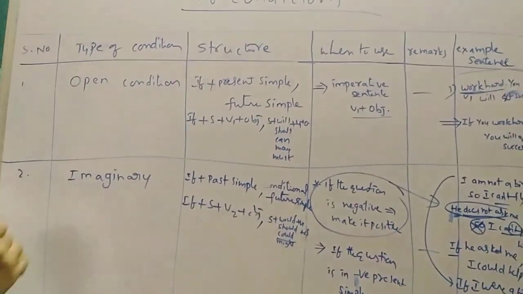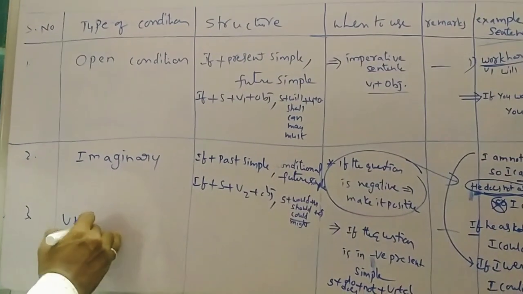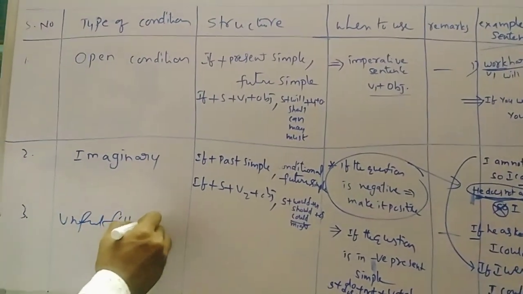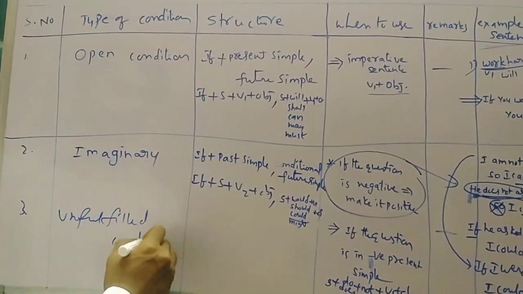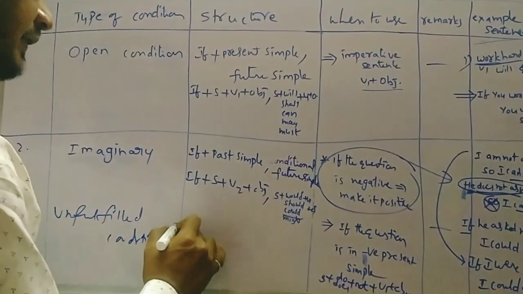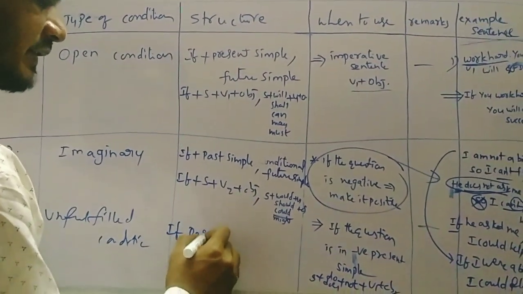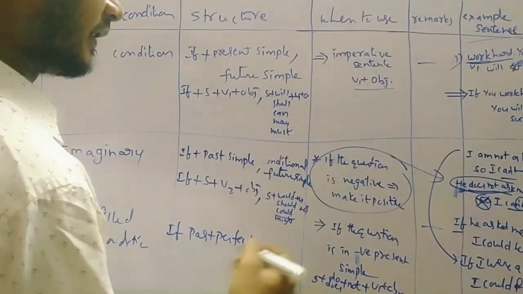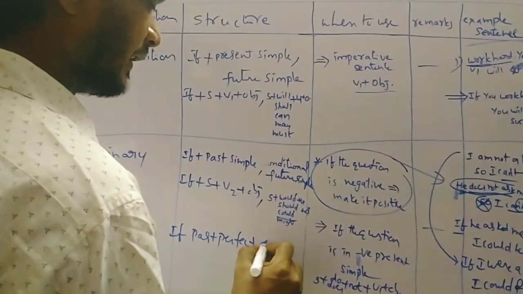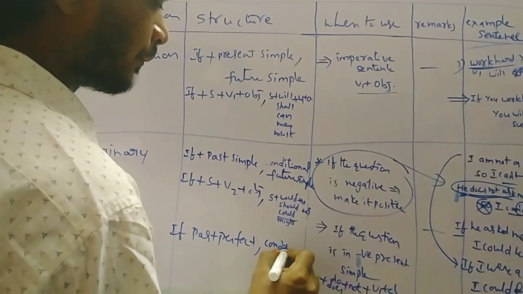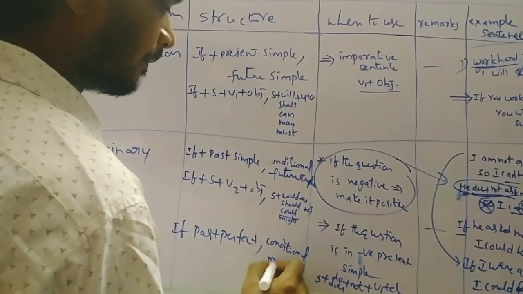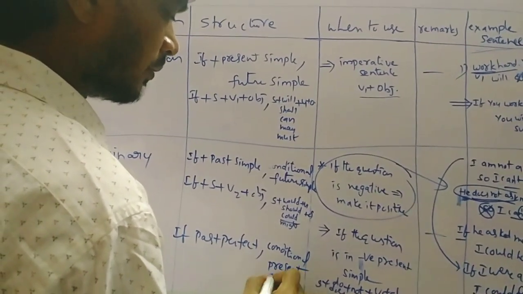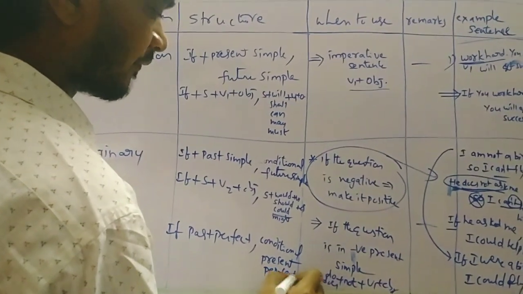So the third condition is the unfulfilled condition. The structure is if plus past perfect tense, and the main clause is conditional present perfect tense.